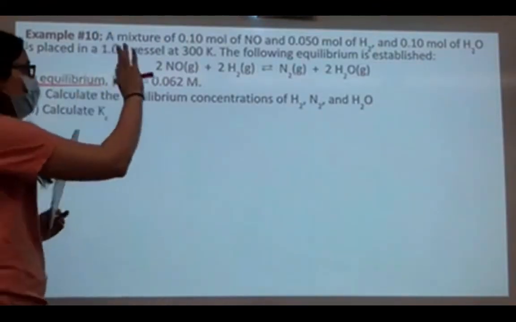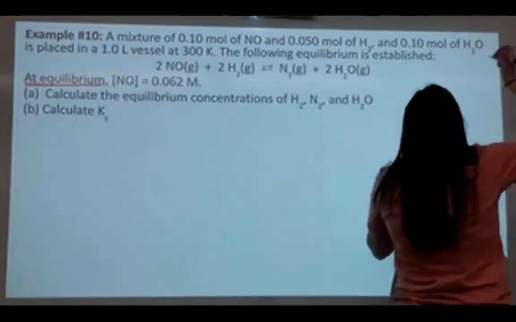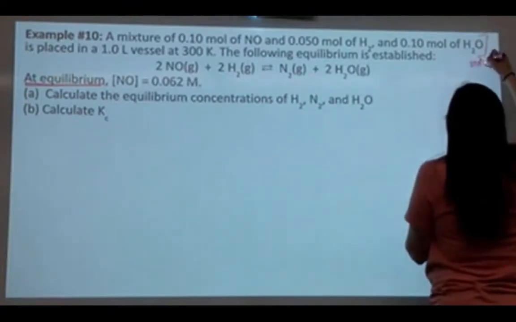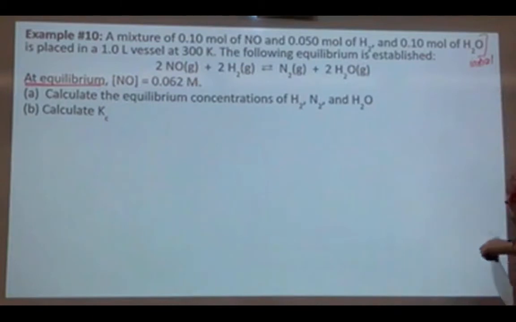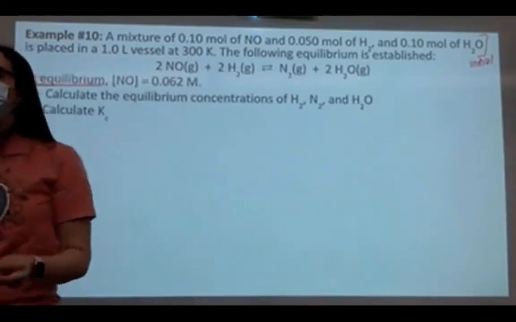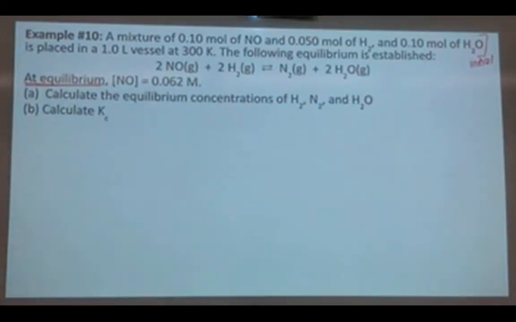So I'm going to go through and label some things. Everything that's given to us up here, like I said, these are initial amounts. When it says that it's put in a container, those are initial amounts. That's what you're starting with initially.